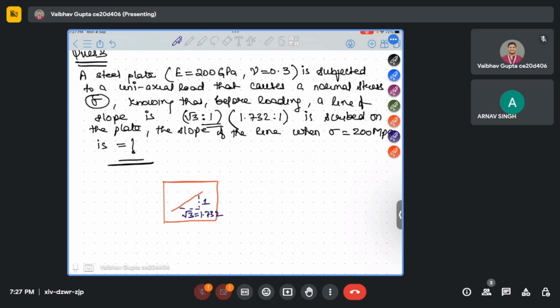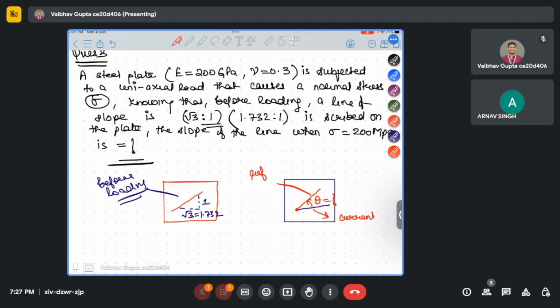This is before loading. After loading, it will certainly change its angle. Same cube. Suppose it will go here, and before it was this. What is this change in angle, theta? They are asking this. This is reference, this is current.